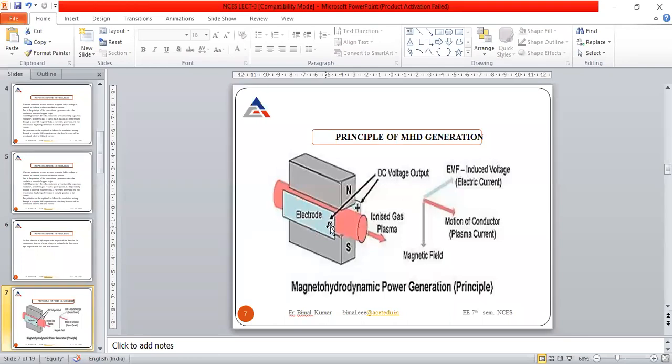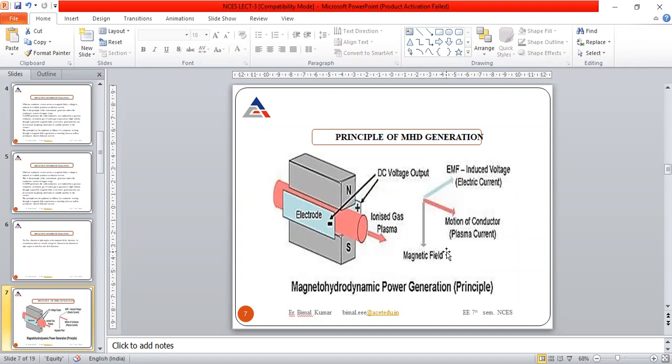So this is your cathode and this is your anode. Across these, if you connect a voltmeter or multimeter, it will give you some DC output voltage, right? So this is the principle of the MHD generator, magneto-hydrodynamic power generation.